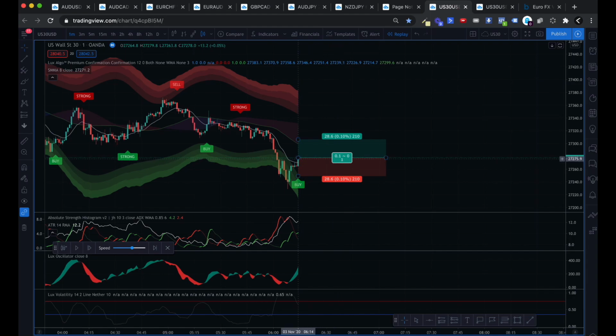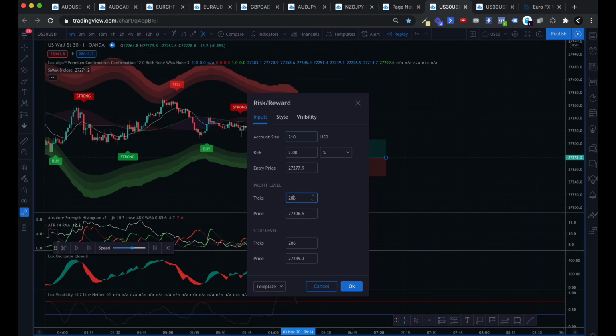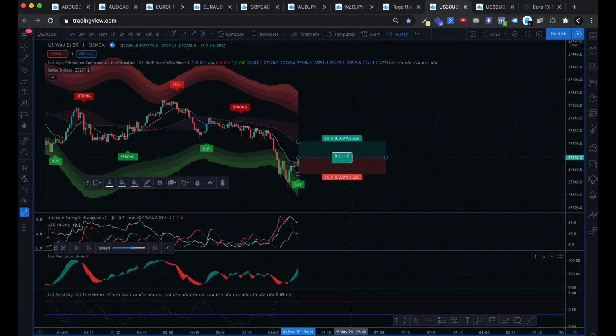Obviously, I set my stop loss and take profit based on my ATR. ATR is 12.2, so that means it would be 240, but I add my 1.5 pips because that's what my spread is. So we go OK, and then we run through this trade.